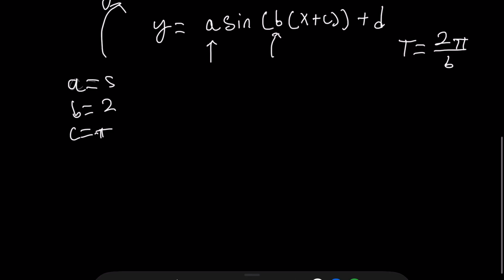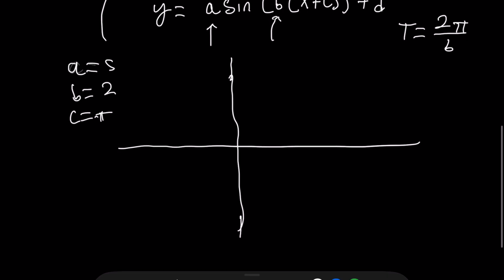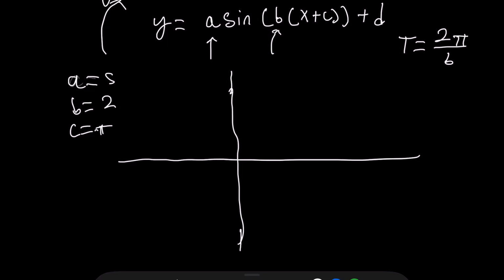So let's just do it real quick. We know that because of this, it's going to be shifted to the right by pi. So we're going to start this at pi.